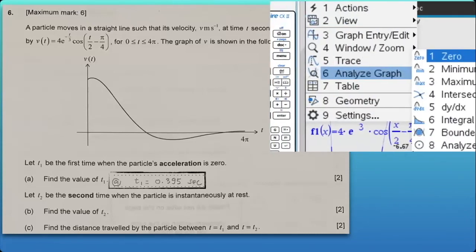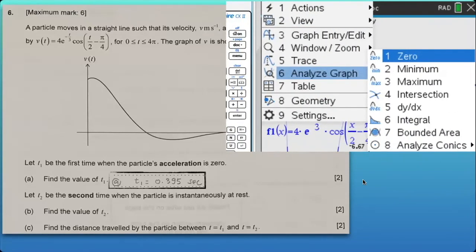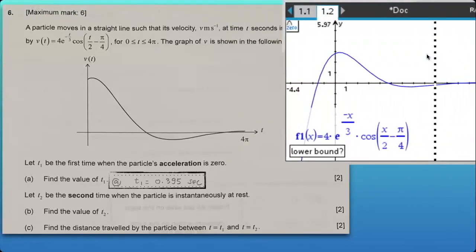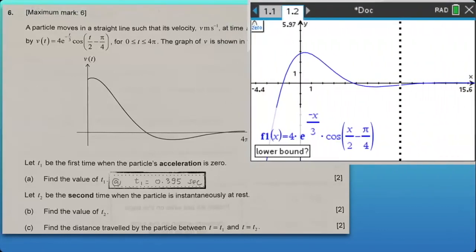So let's take out the calculator, choose menu, analyze graph, and 0, because we want to find basically the x-intercept. So click 0, and we know that this is the point that we want, but the calculator again needs to be told where the lower bound is.